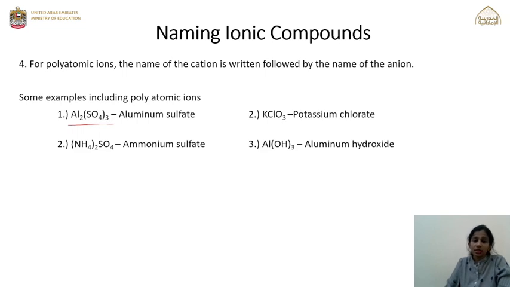In the same way, second example, potassium chlorate. Third one is aluminum hydroxide, and here you can see ammonium sulfate. So if oxyanions are present, the name is written as it is, but if it is a monoatomic anion, then the ending should be IDE.